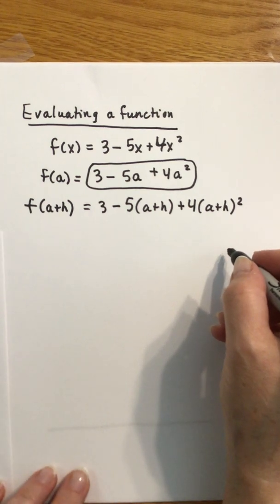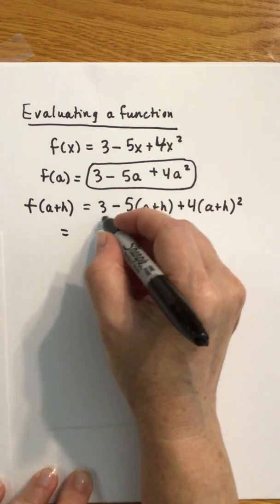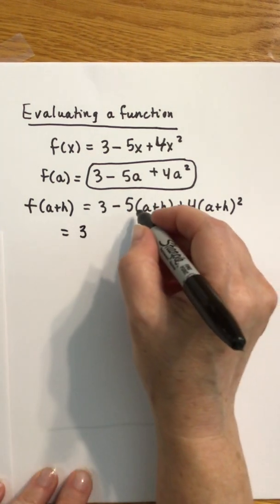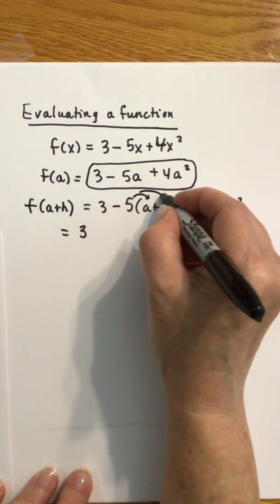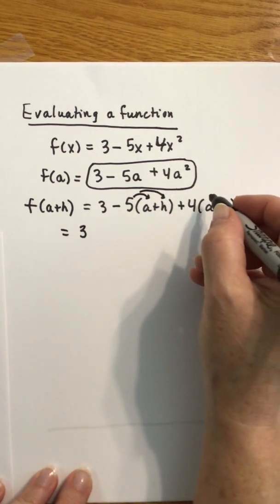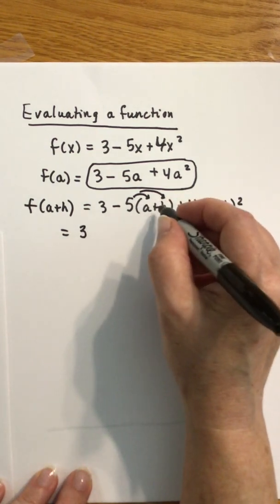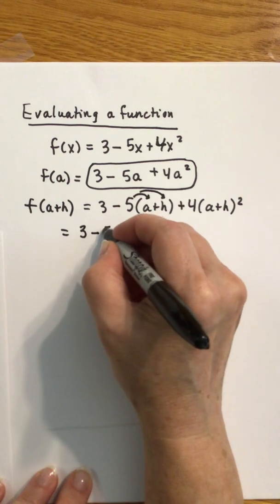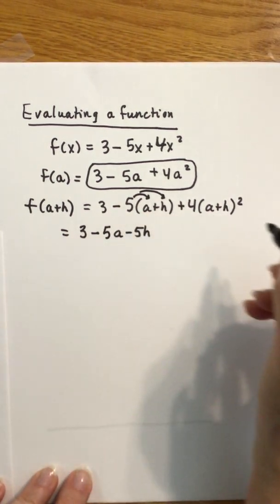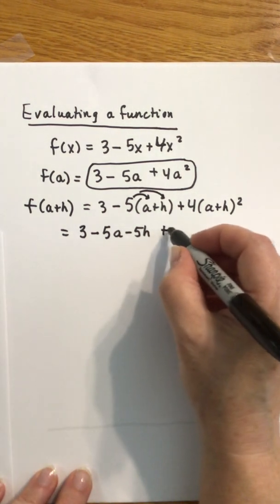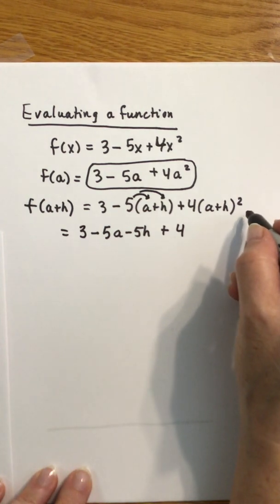So now we've got to simplify this. So we're going to have equals, the 3 is just going to come down, but what does the 5 do? The 5 is outside the parentheses, so what's that called? Distributive property. So we have to distribute the negative 5 into the a and the negative 5 into the h, so it gives me minus 5a minus 5h plus, now we have over here 4 and a plus h squared.